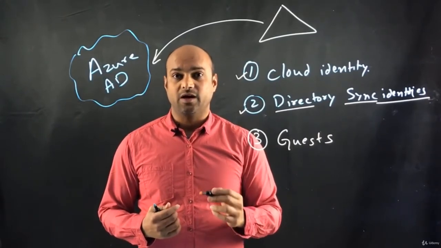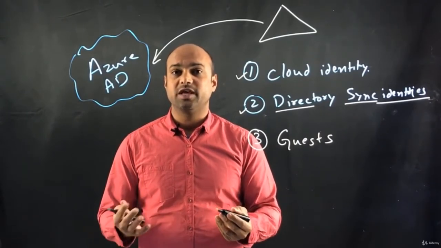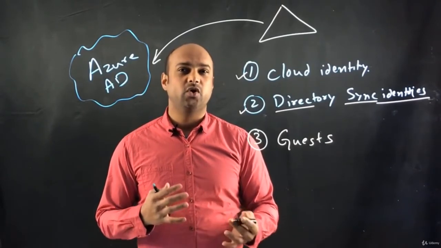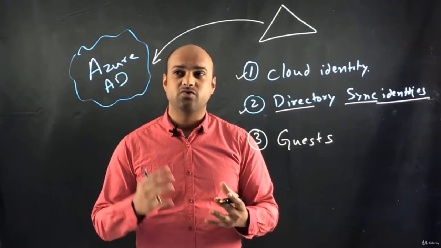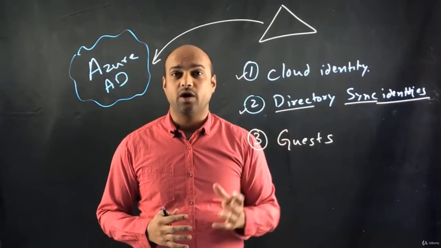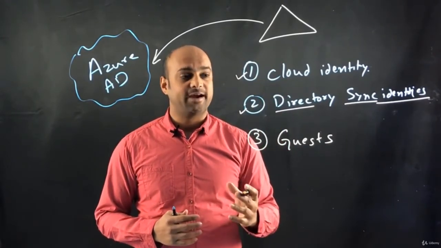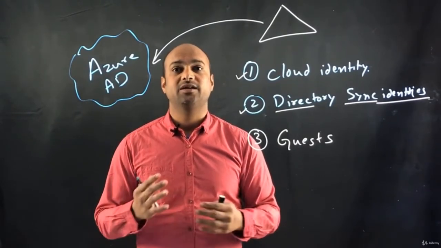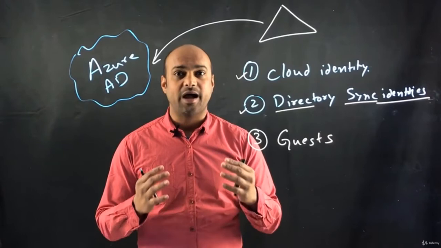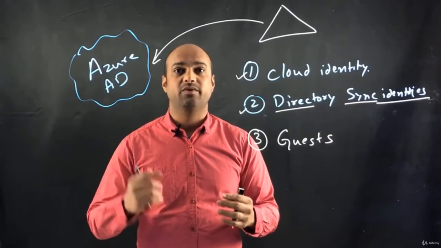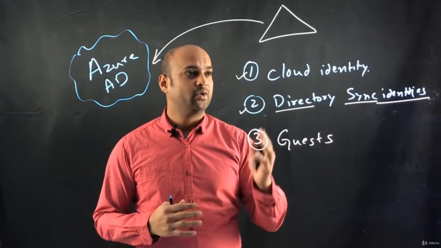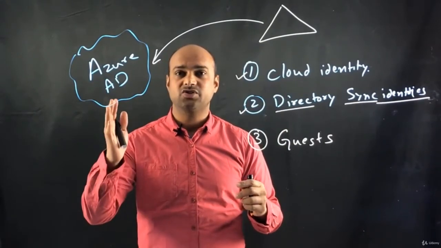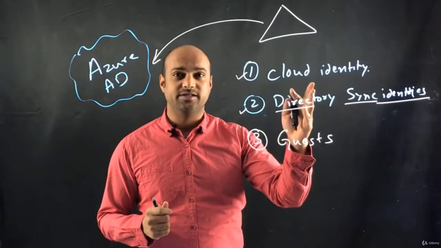The external accounts can continue to use their email addresses to access our resources. So we do not have to create their accounts in Azure AD or on our premise. We can invite their account as guests to our Azure AD so that they can continue to use their identities to access our resources. To summarize, we got three kinds of user accounts. The account that is created directly in Azure is called cloud identity.